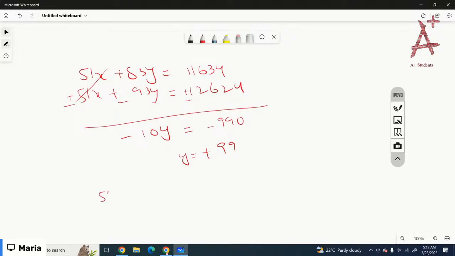It would be 51x plus 83 times 99 equals 11,634. Let me just calculate the value. 83 times 99 is 8,217. Move it to the other side.